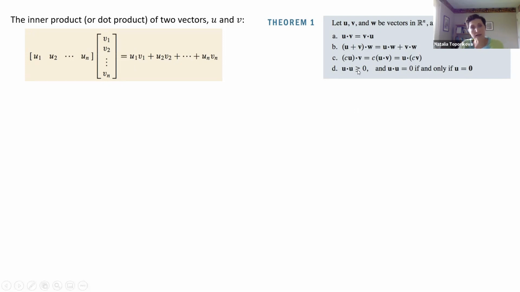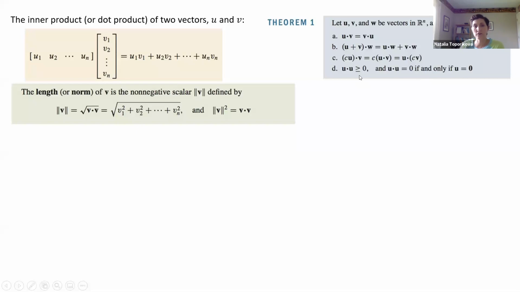This kind of measure, the dot product of a vector with itself, is actually very important. It helps us measure the length of the given vector. We know that in two-dimensional space, we can easily measure length using, for example, the Pythagorean theorem.